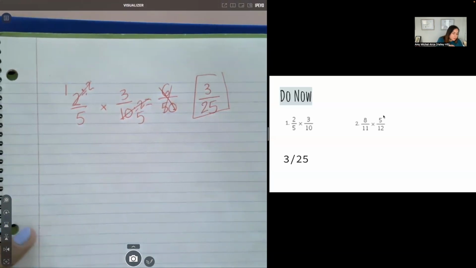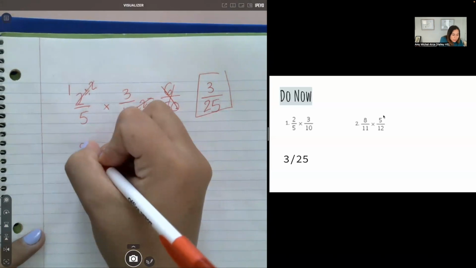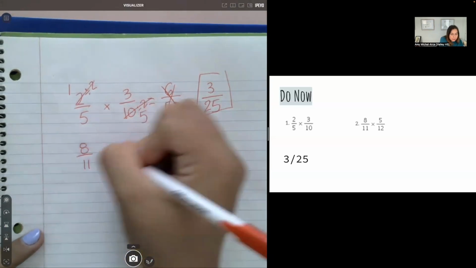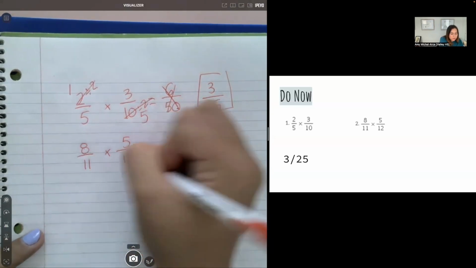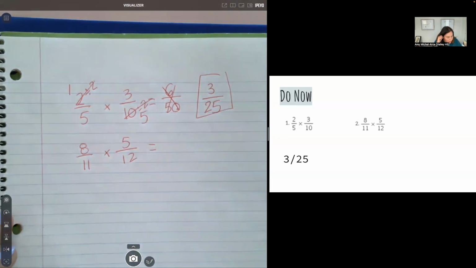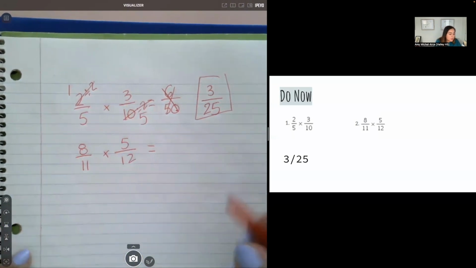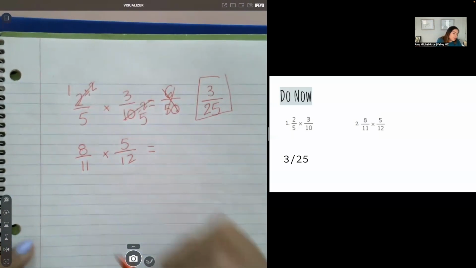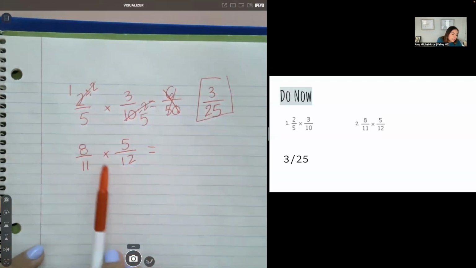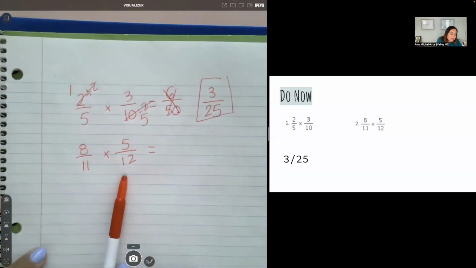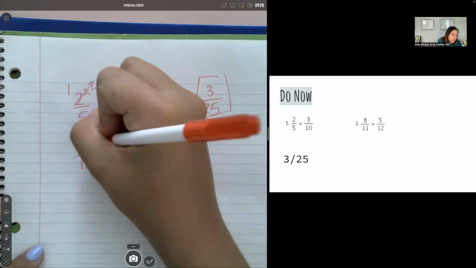The next problem, number 2, is 8 over 11 times 5 over 12. Again, if we were just to multiply these out, that would give us a huge number. That would give us 40, but before doing that, we can start dividing these by their common factor, and they have factors 2 and 4 in common. Here we're going to choose the greatest common factor, which is 4.